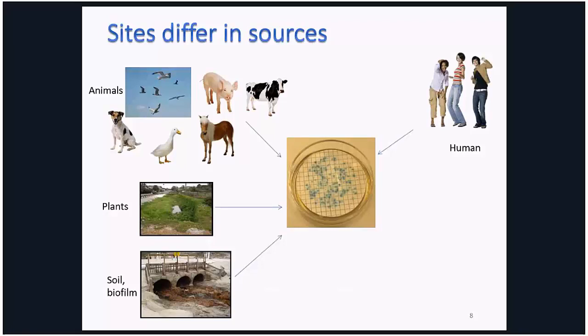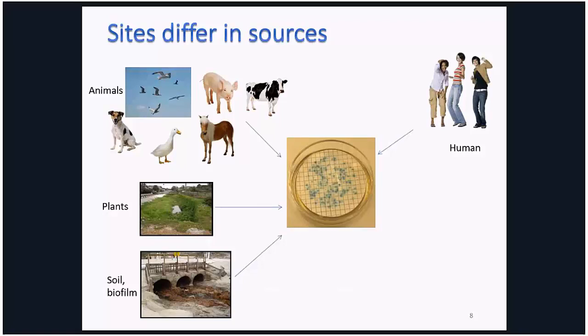However, not all sites are predominantly impacted by human fecal sources. The Enterococcus at your site may be coming mostly from animals or plants or just biofilms, because Enterococcus are not really specific to human fecal material.